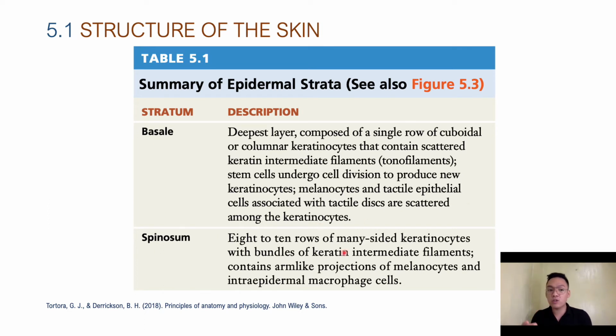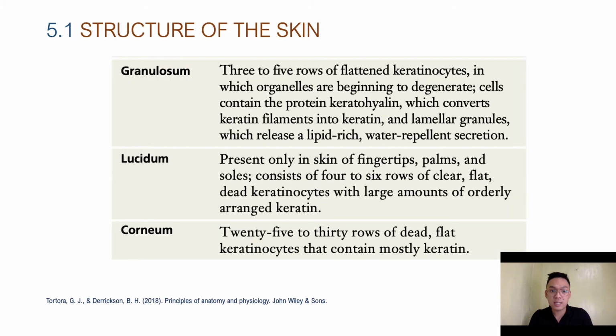In your spinosum, it's referred to as spinosum because the cells from this layer, or strata, resemble a spine. 8 to 10 rows of many-sided keratinocytes with bundles of keratin intermediate filaments contain arm-like projections of melanocytes and intraepidermal macrophage cells.